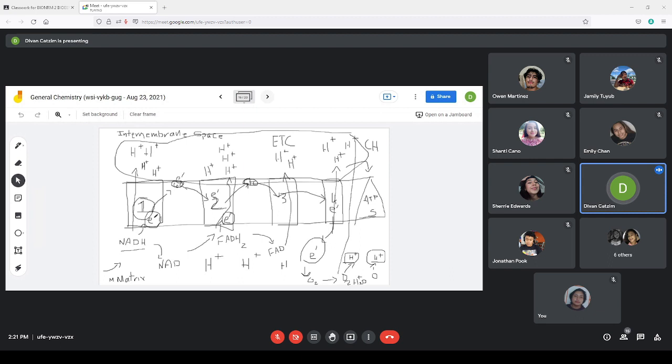And the reason for that is because they allow certain materials to go from an area of low concentration to an area of high concentration to create, in this case, a proton gradient or a proton imbalance. Okay?